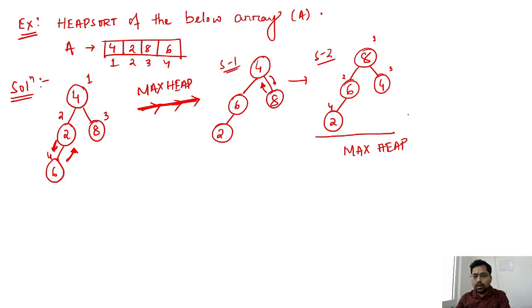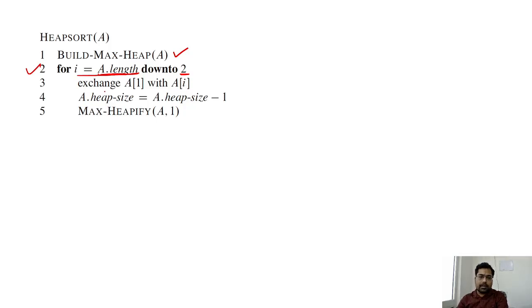Array length down to 2 means going from the last level up to the second level. Up to the second level we have to run the for loop. Within that, we are going to exchange with the first node.